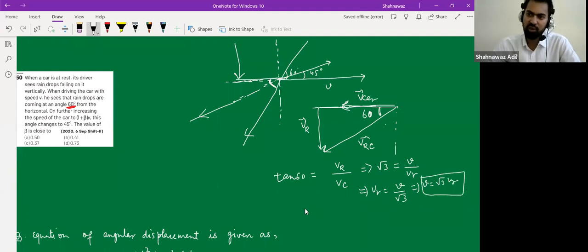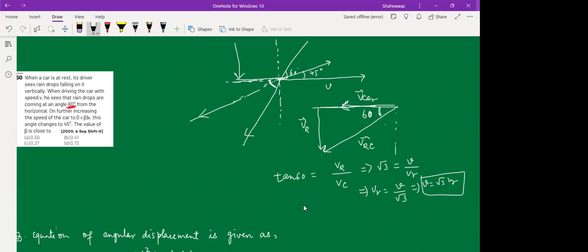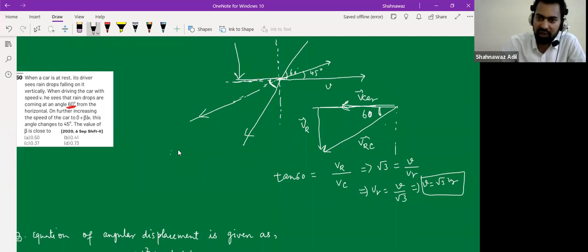Right. Understood my point? Any doubt? No, sir. Okay. Now the effective vector is making an angle 45 degree.